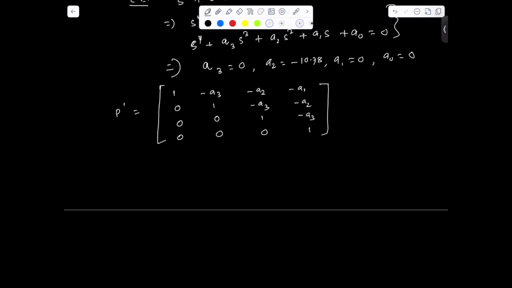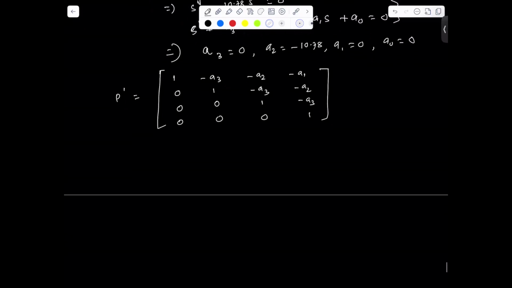Now if you substitute the terms of A in this matrix, we have 1, 0, 10.78, 0; 0, 1, 0, 10.78; 0, 0, 1, 0; and 0, 0, 0, 1.